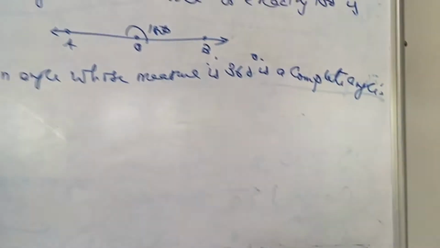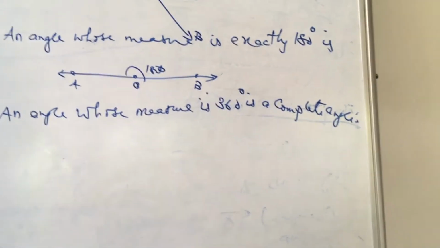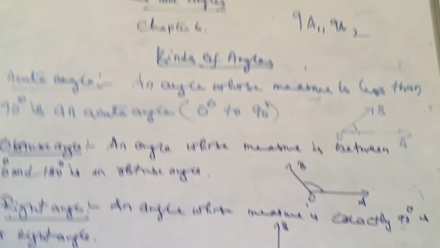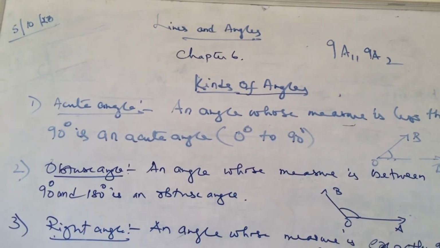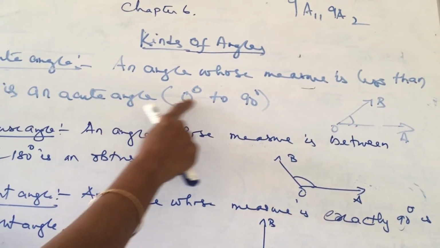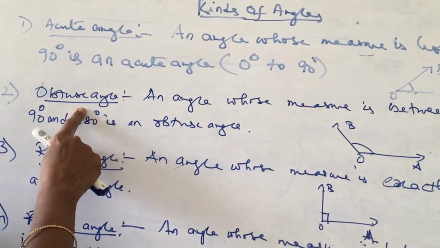These are not new concepts, children. You have been learning this from 5th standard. Kinds of angles. The first one is acute angle. An angle whose measure is less than 90 degrees is an acute angle. Obtuse angle.